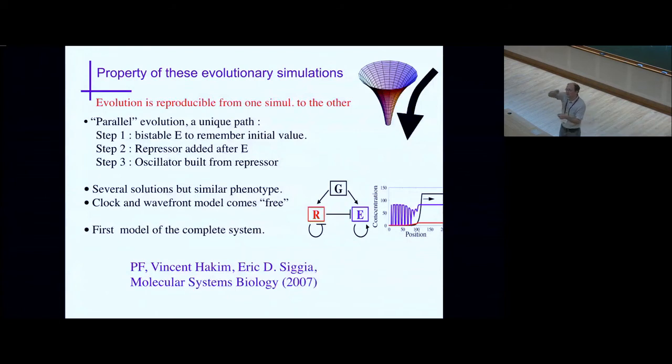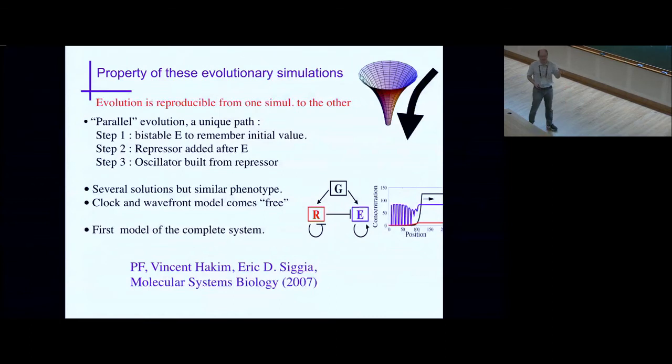I told you with these little sketches that the clock and wavefront thing might be difficult to understand. I hope you understand it better now, because with the gene network approach, with simple things, you get a clock and wavefront model essentially for free. So we selected for pattern formation in a growing embryo, boom, the solution you get is a clock and wavefront model. I think it's quite nice.